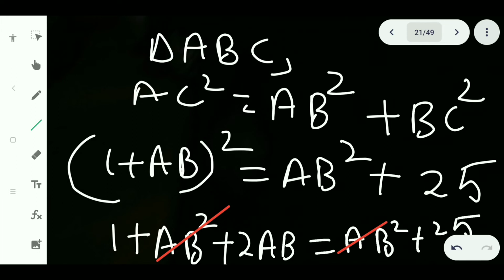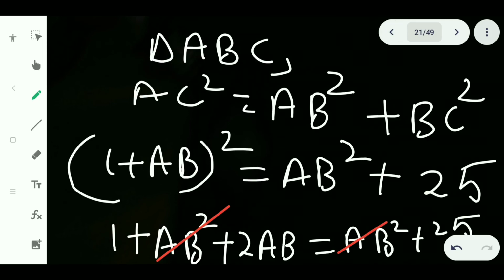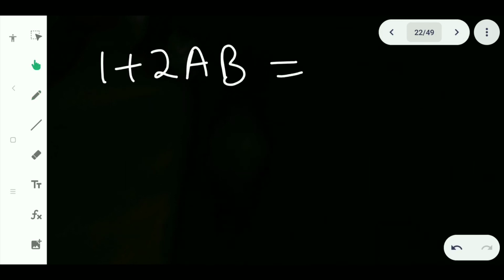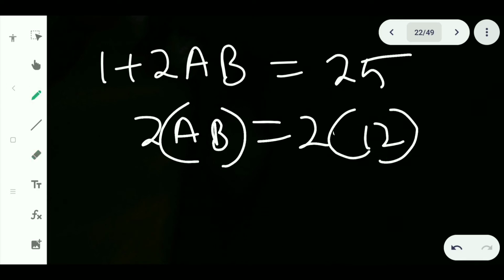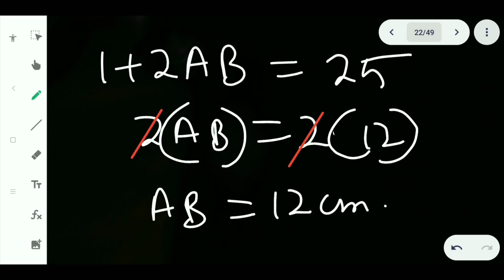Okay, 1 plus 2AB is equal to 25, and 2AB is equal to 25 minus 1, 24. So 2 into AB is nothing but 2 into 12, 12 twos are 24. Cancelling 2 and 2, you are getting AB is equal to 12 centimeter.